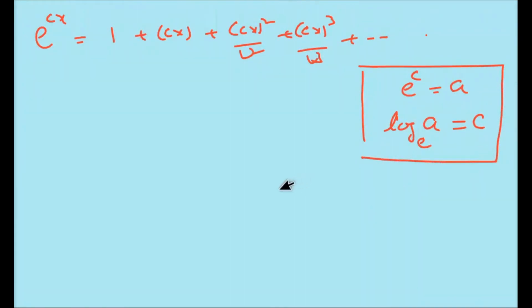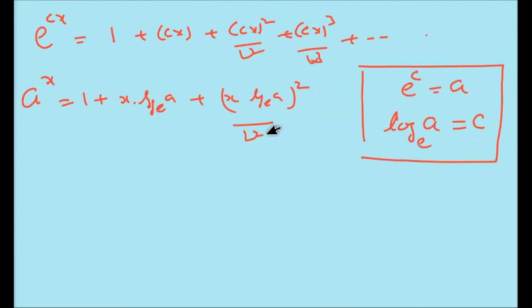Okay student, since e to the power c equals a, that is 1 plus c, where c is log of a to base e, we can write a to the power x as 1 plus x into log a base e plus x into log a base e whole square upon factorial 2 plus and so on.